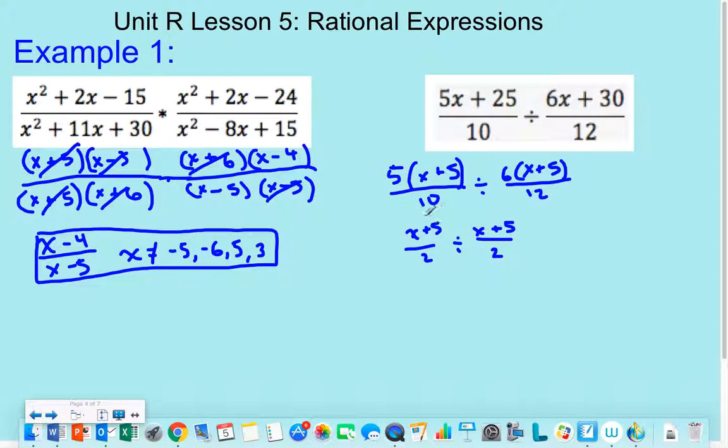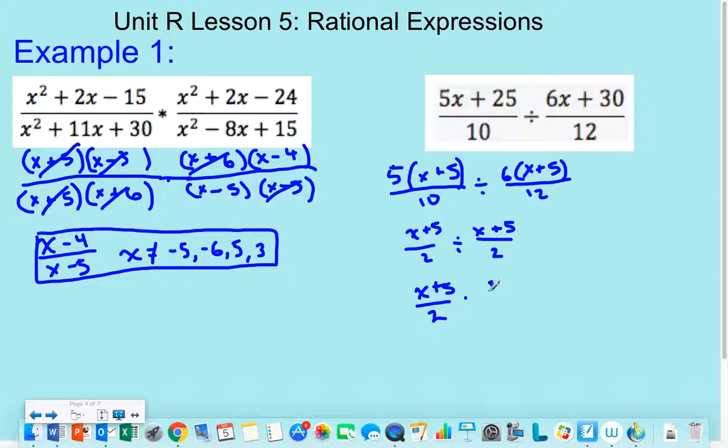Well, anything divided by itself is going to be equal to 1, so I have a suspicion that this is just going to equal 1 in the end, but if we want to go through the process, we could just say x plus 5 divided by 2, and then remember when you're dividing fractions, it's same, change to multiplication and flip, or invert and multiply.